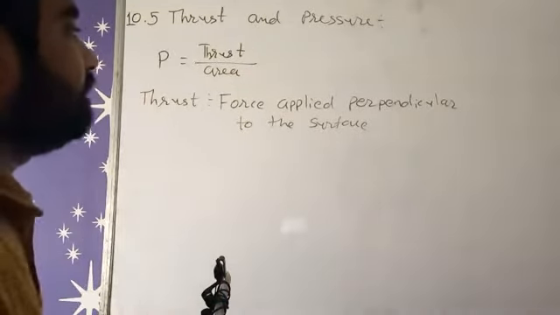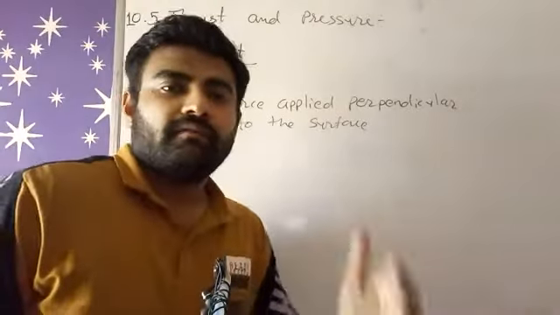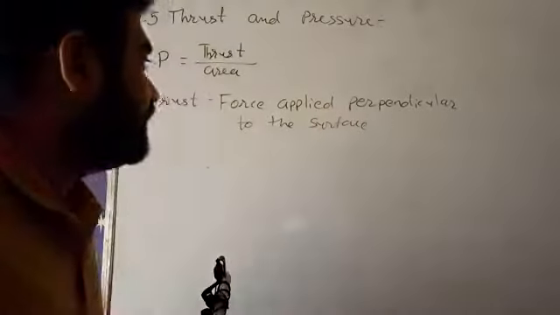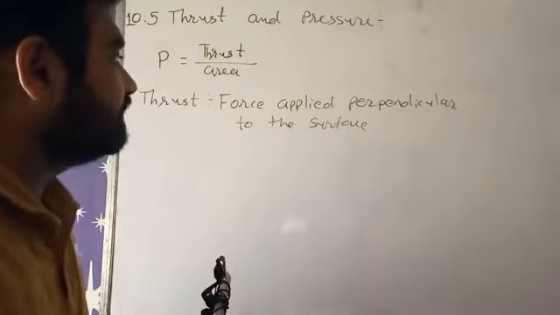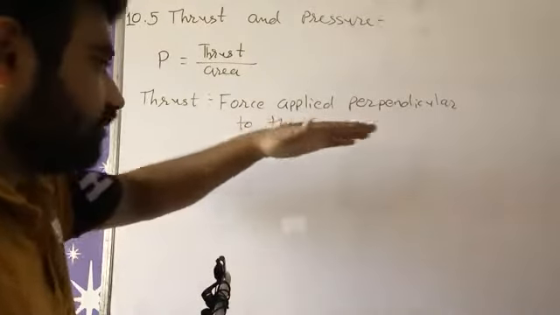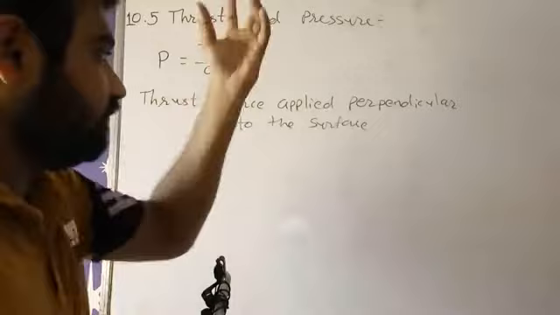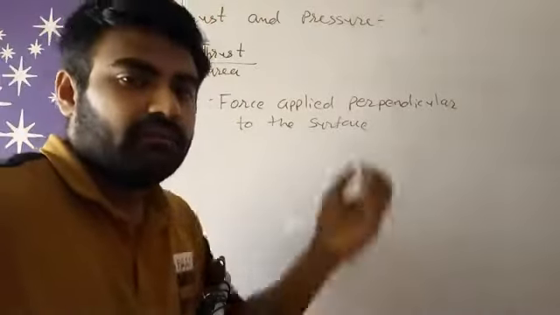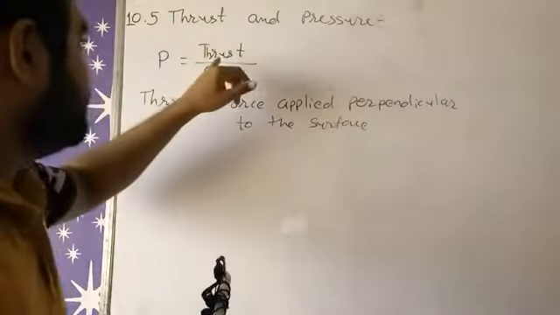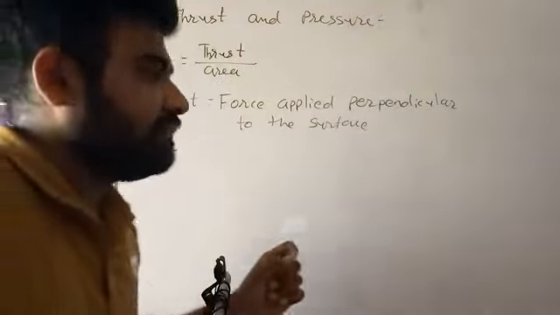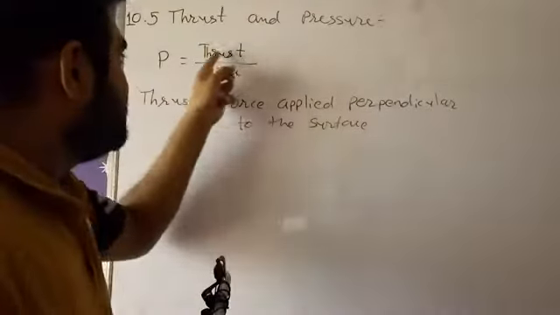Our first example was swimming. Whenever you stand still on the water, you will go downward because of thrust, because the water surface is horizontal, and the force because of your weight will be in the downward direction. That's why it is thrust. So in that example of swimming, your area is decreased.